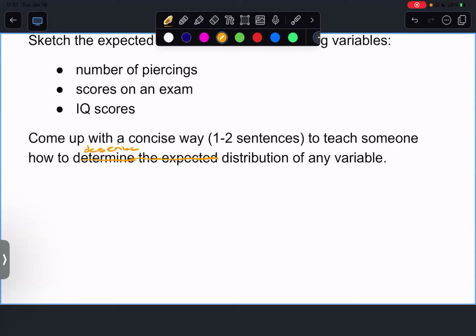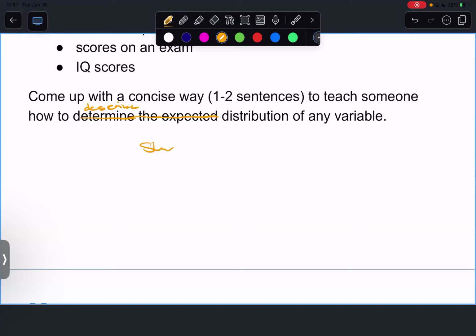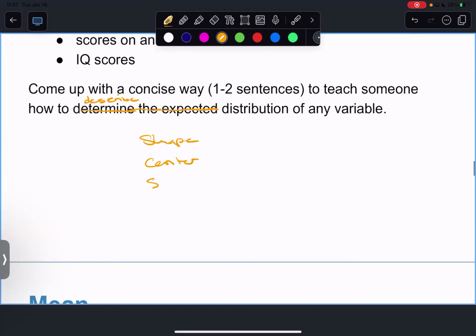But what I want to emphasize here is that to describe any distribution, we need to talk about the shape and the center and the spread. Just in general.